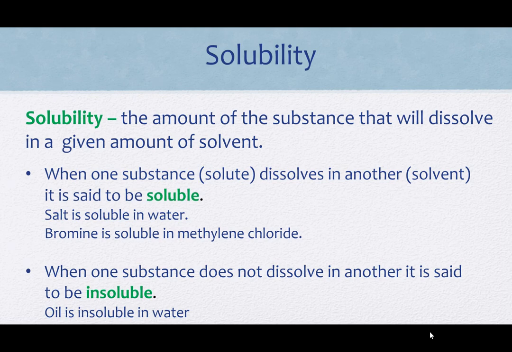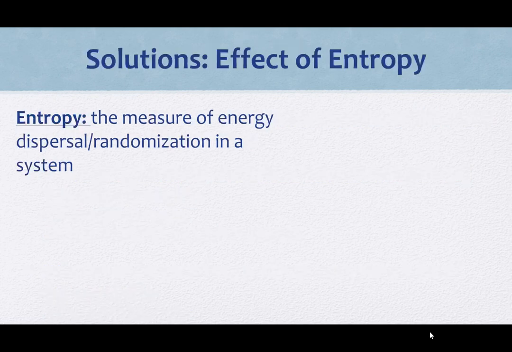Typically, if we put two things together and they have the ability to mix, they will mix together. And that is a phenomenon called entropy. So certainly nature's tendency to mix things does in fact assist in solubility. Entropy is the measure of dispersion or randomness in a sample. We are just simply introducing entropy in this chapter.